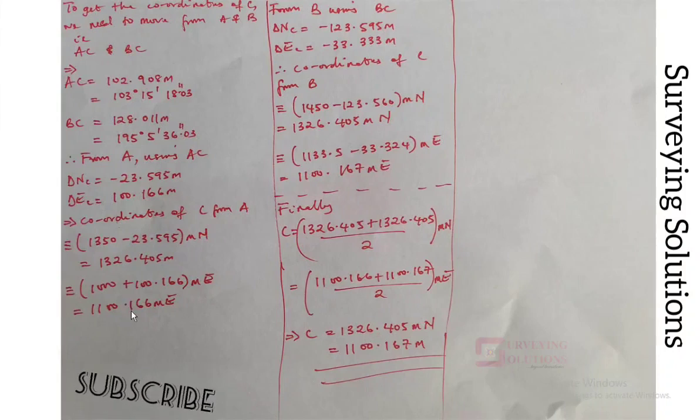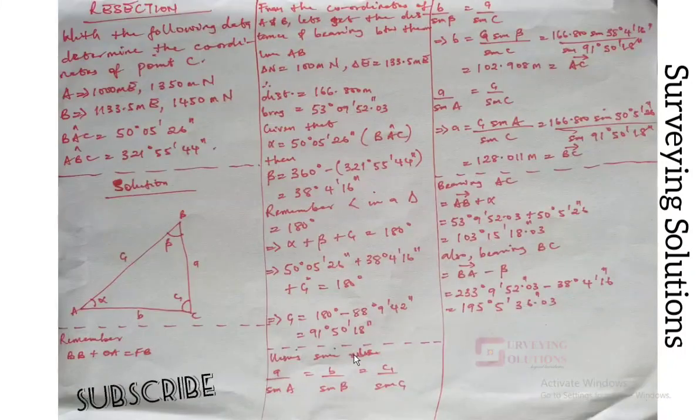Then that of the eastern, we have 1100.166 then 1100.167, and when you add them and divide by 2, you should be able to arrive at 1100.167. So with this, as requested in the question, we have been able to determine the coordinates of point C using the parameters given to us, that's the coordinates of A and B, and two observed angles.